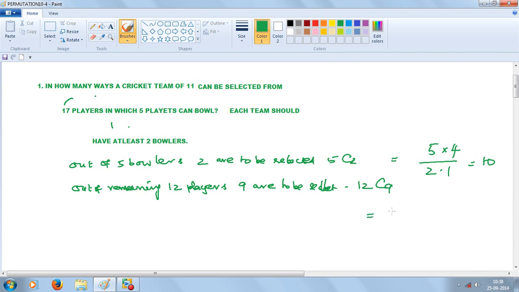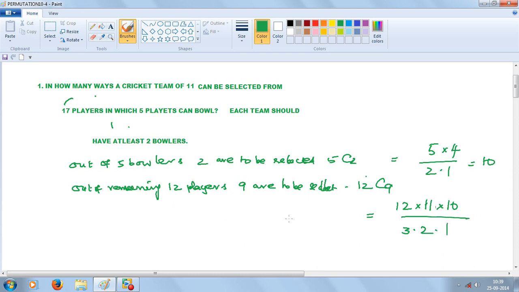It means 12 multiplied by 11 multiplied by 10. Remember, even factorial 9 will get cancelled. Here, factorial n minus r gives 3 multiplied by 2 multiplied by 1.